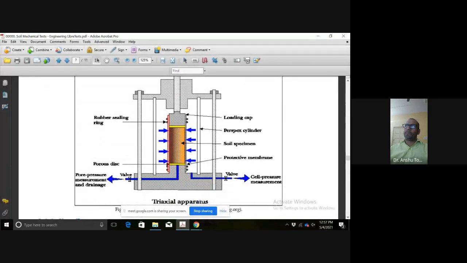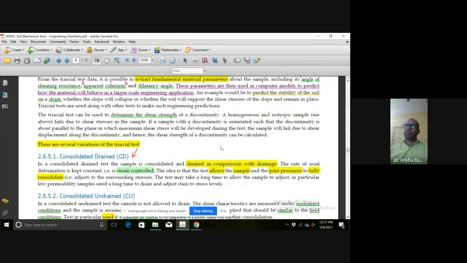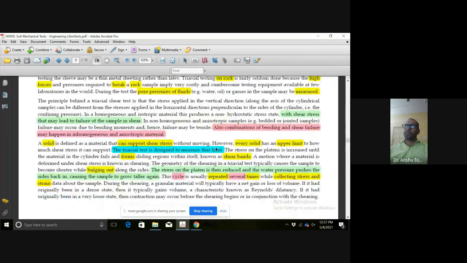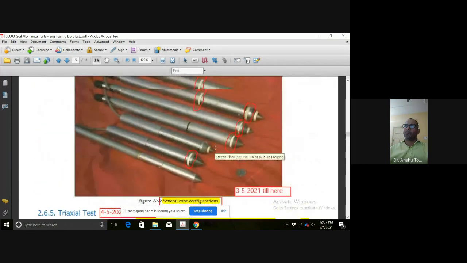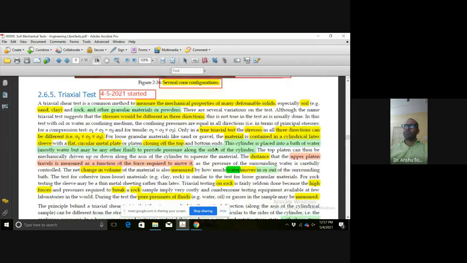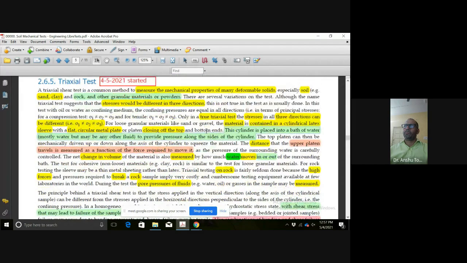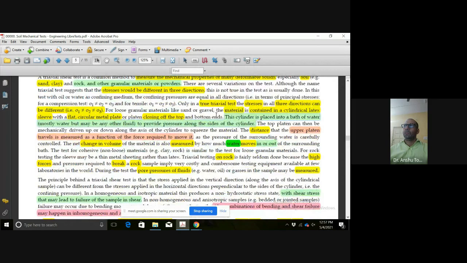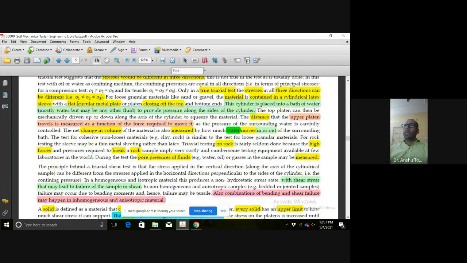From the top, it is confined using a flat or circular metal plate. And the cylinder is placed in a bath of water to provide pressure along the sides of the cylinder.